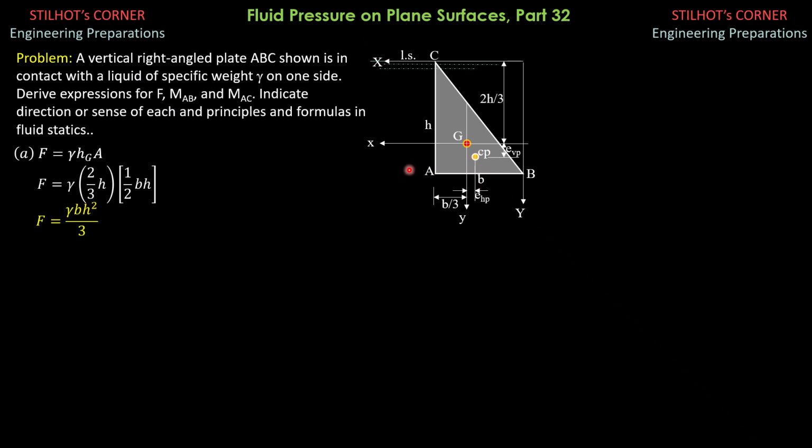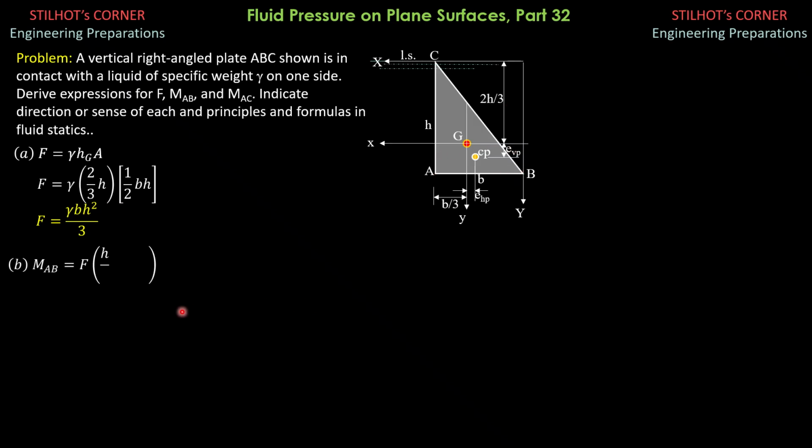So it is positive. It is the same direction as this positive x direction. So it is positive and it is equal to F times this distance, and this distance is H over 3. This is H over 3 because that's 2/3 of H minus EVP.